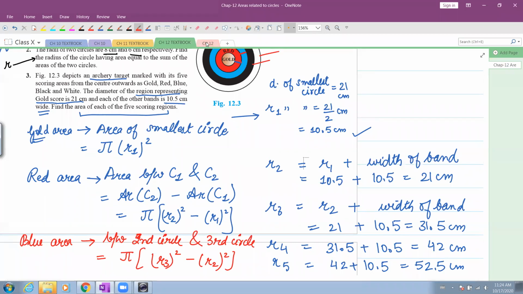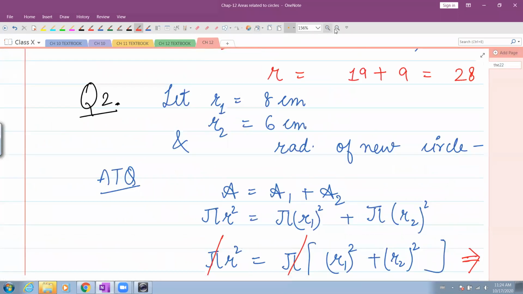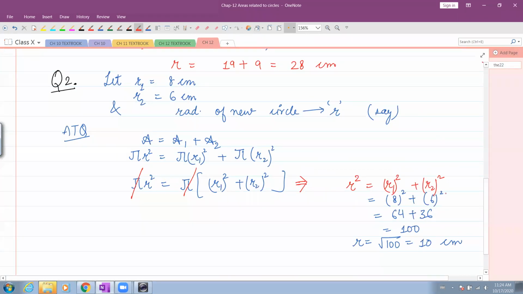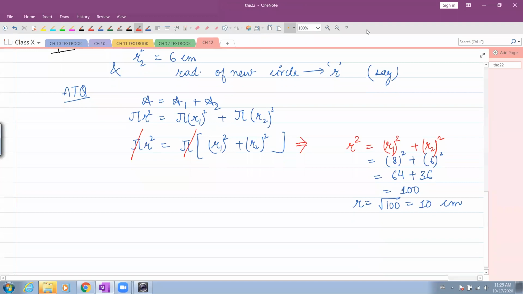Let's write down, and I think it will make more sense to you once we start writing down and calculating. Question number 3.